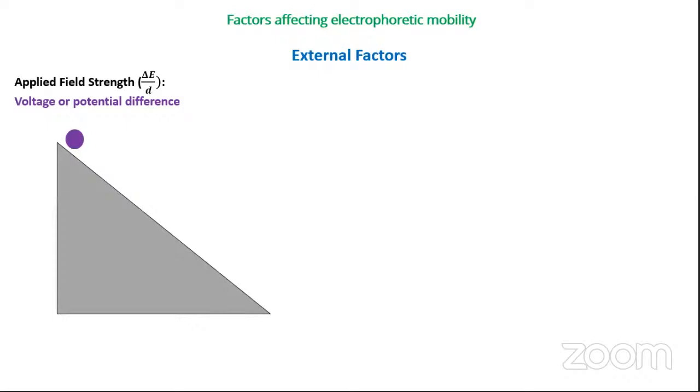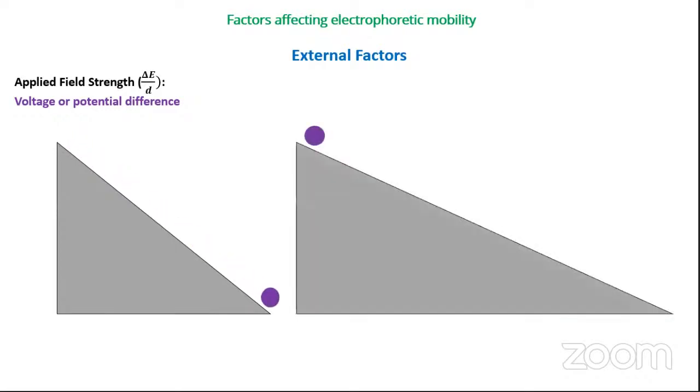And we developed this concept of voltage or potential difference, and how change in the distance of the two electrodes, which are placed at the same value of potential, as in the previous situation shown on this triangle, matters. If we don't change the potential values, but we change the distance between the two electrodes, how the slope changes, and hence how the speed of migration of a charged molecule will get affected just by changing the distance between the two electrodes.